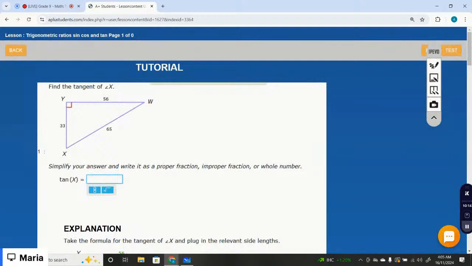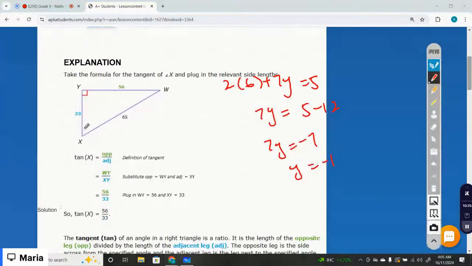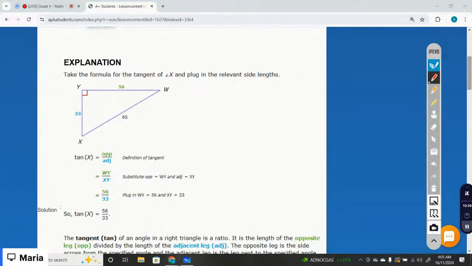Find the tangent of angle x. Here is angle x. So tangent of angle x is opposite divided by adjacent.